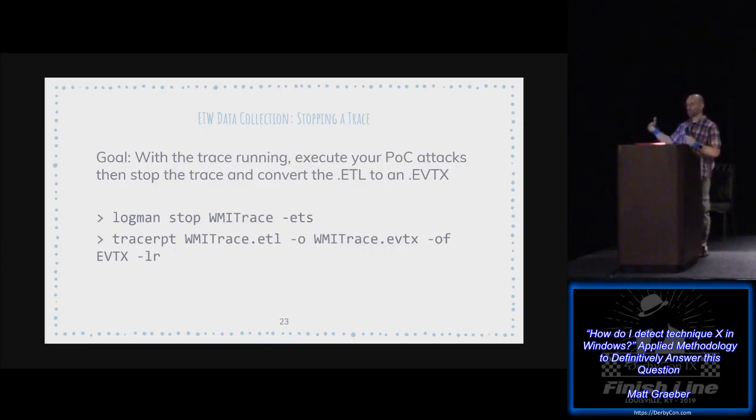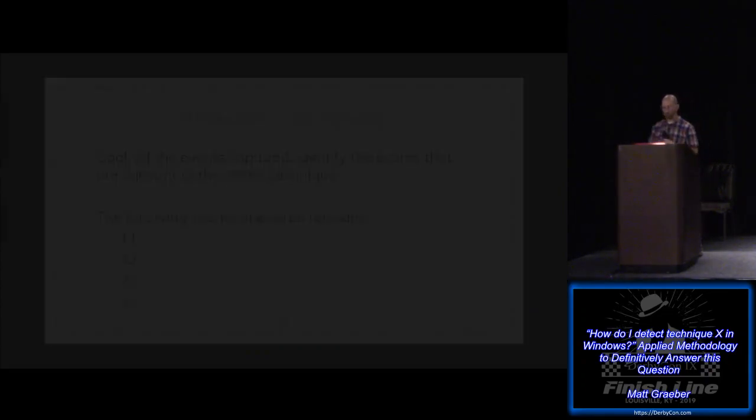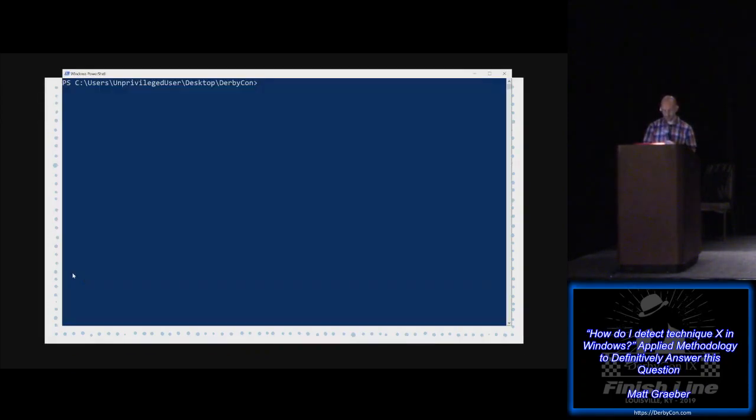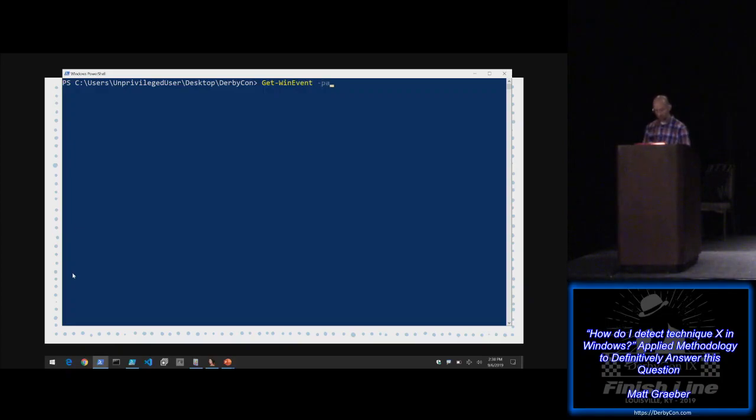The process under the hood is that tracerpt knows how to recover the ETW provider schema and apply it to the raw data in the ETL and then convert it to something actually usable. In this case, an EVTX, but it also supports CSV and XML.